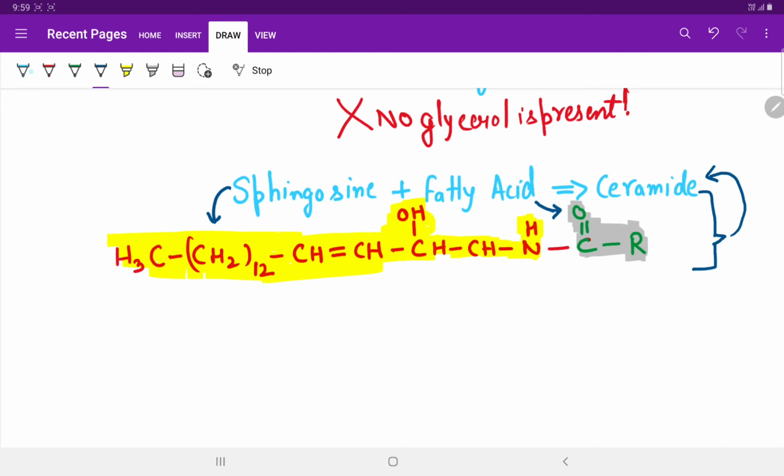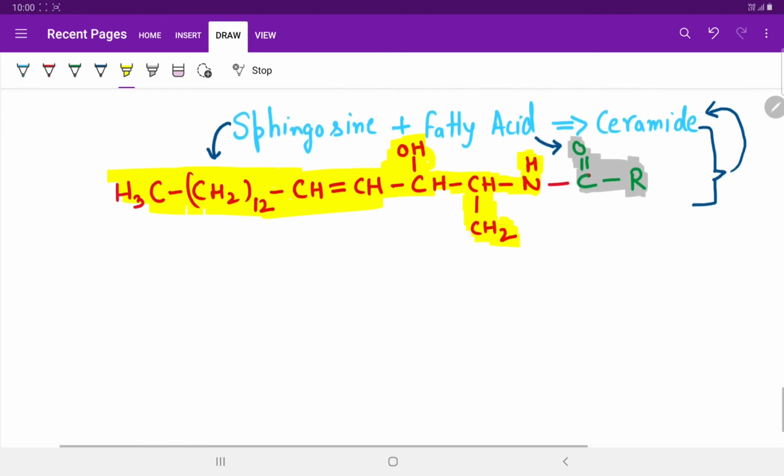Now the phosphoric acid attaches through this. Students, there is one more methyl group attached here, CH2. This is also along with that of sphingosine. So now an attachment of phosphoric acid will be there. It will be along this newly drawn methyl group. So see here, a phosphoric acid or a phosphate group is attached.